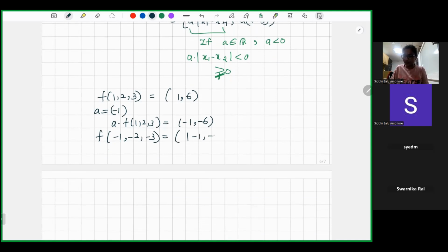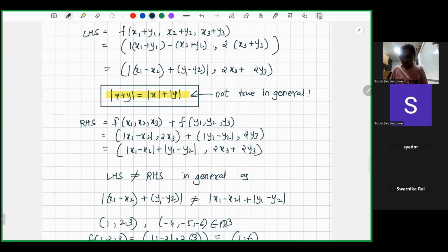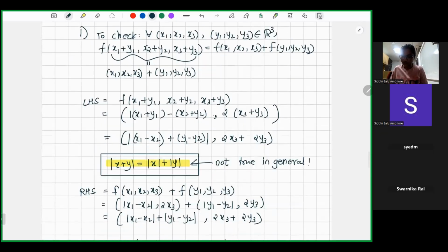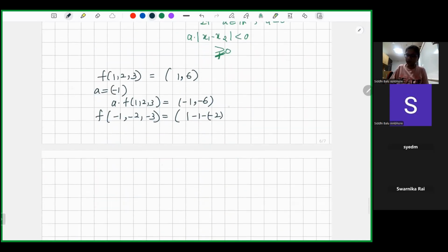Mod of minus 1, comma minus 2, whatever the case, in both the cases, comma 2 into minus 3.